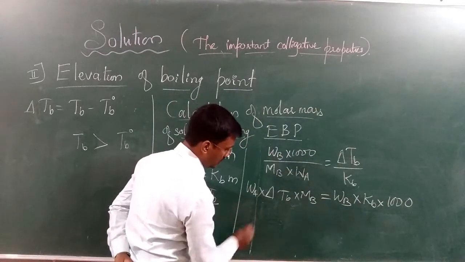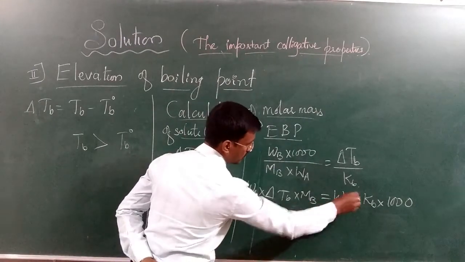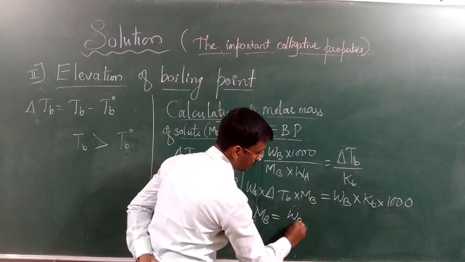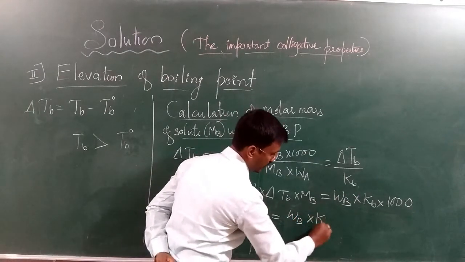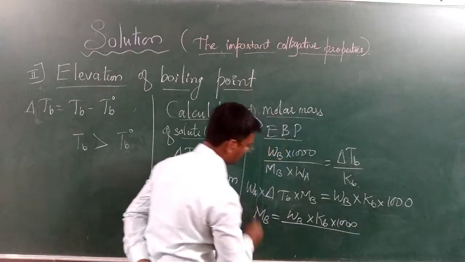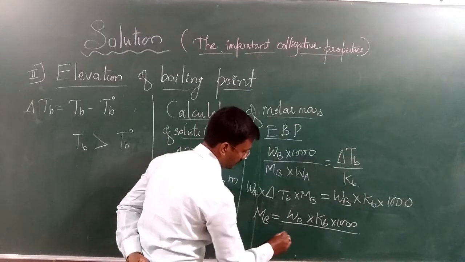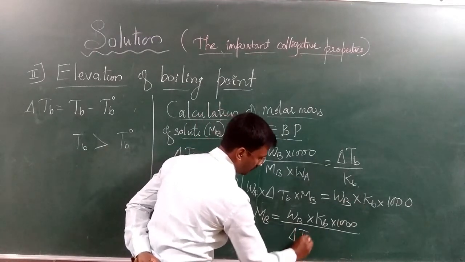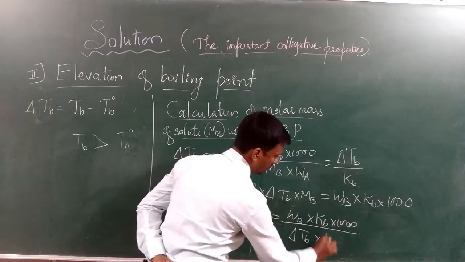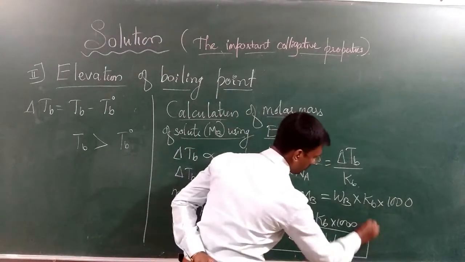Therefore, MB is equal to, you write the right side as it is, WB into Kb into 1000 divided by WA into delta TB. I will get this expression.